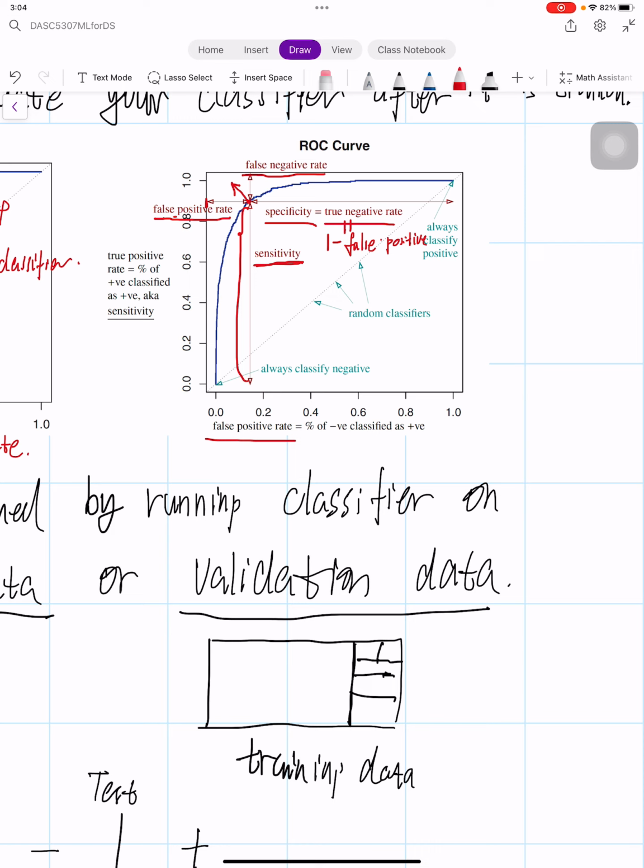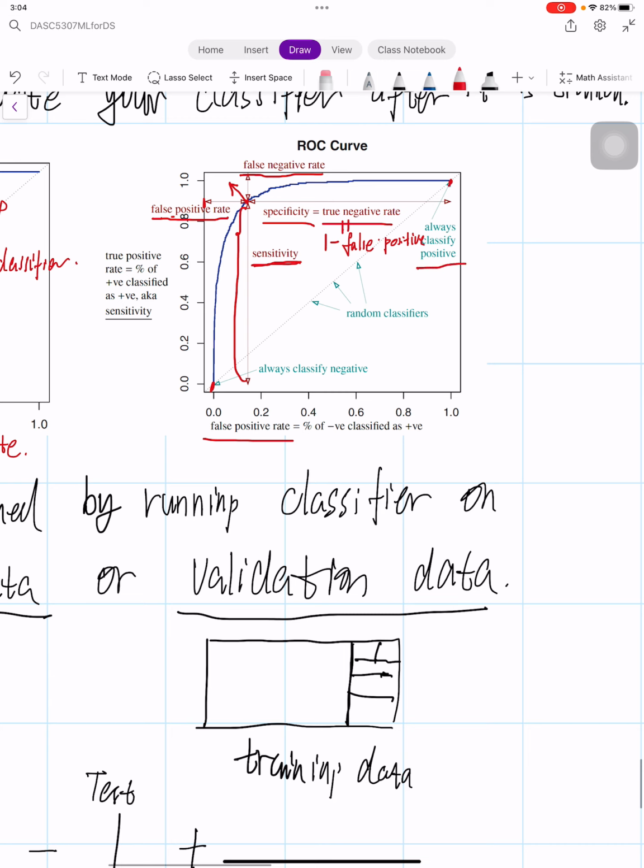And we can also have the two extreme cases. One is a knob that classifies all the cases as negative, you always classify as negative. And the other, you always classify as positive. And we also have the diagonal line. The diagonal line means a random classifier, which means you do not do anything, you just flip a coin.